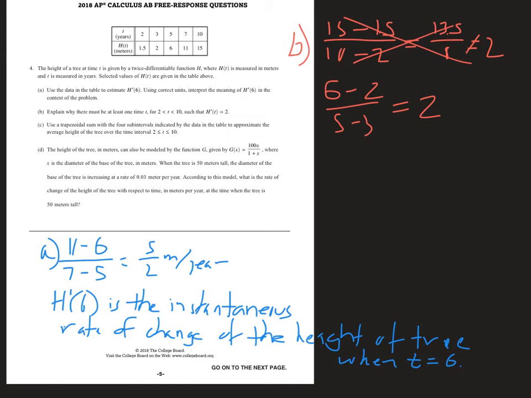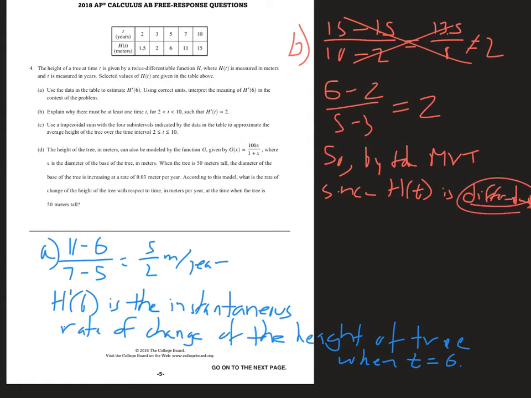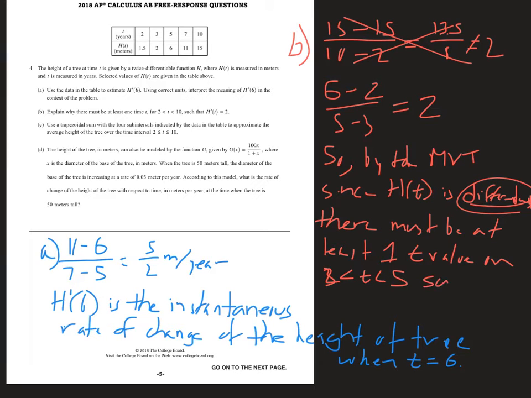And so, because it wants us to explain, by the mean value theorem, which you're allowed to abbreviate as MVT, since h of t is differentiable, there must be at least one t value with 3 less than t less than 5 such that h prime of t equals 2.